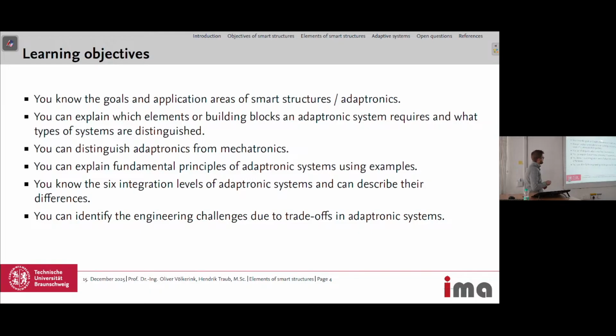Then you can distinguish adaptronics or smart structures from mechatronics, which is closely related. You can explain fundamental principles of adaptronic systems using examples I will introduce. And you know the 6 levels of integration of adaptronic systems and can also describe their differences. And you can identify the engineering challenges due to the trade-offs in adaptronic systems.